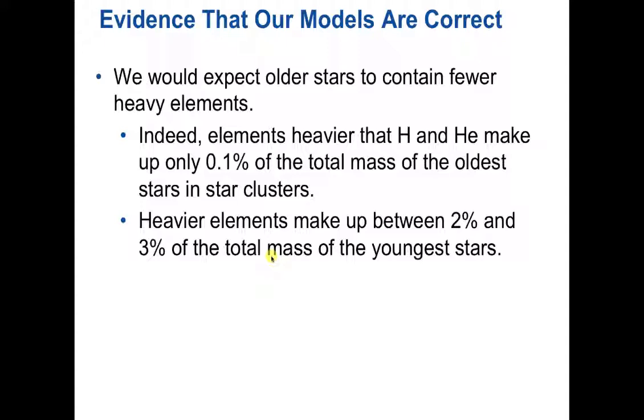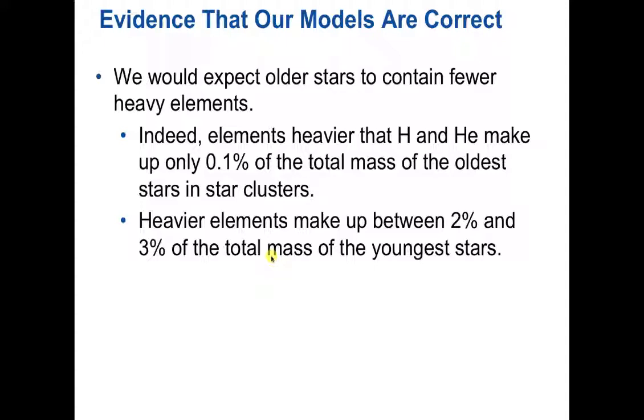But how do we know that our models are correct? So what we can look at are, again, clusters of stars, and we know that in a cluster, all the stars were born at about the same time. And so when we look at the oldest clusters that we can find, we would expect them to have stars with a lower percentage of heavy elements.